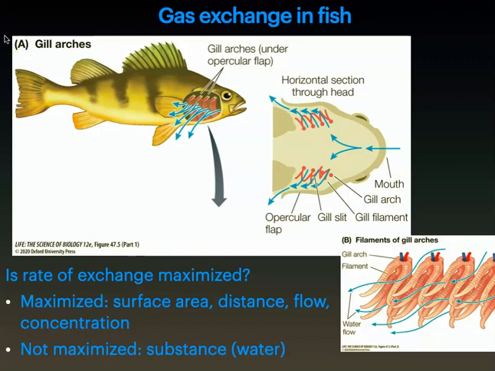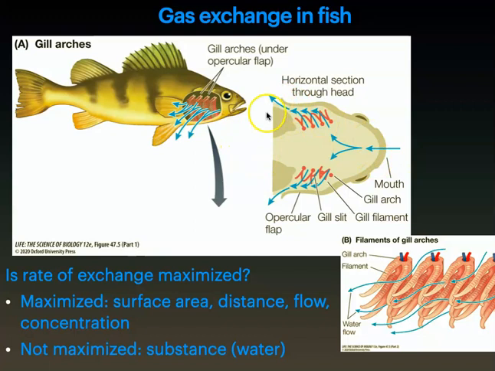So in the fish, surface area is maximized. The distance over which the oxygen needs to diffuse is minimized because this tissue is very thin. The flow is somewhat maximized because it's unidirectional and the flow comes in the mouth and out through the opercular flaps, and this especially occurs when the fish is swimming or moving, or when it opens and closes its mouth.